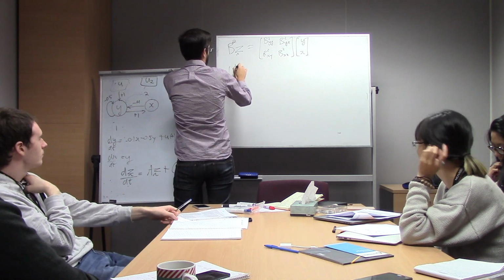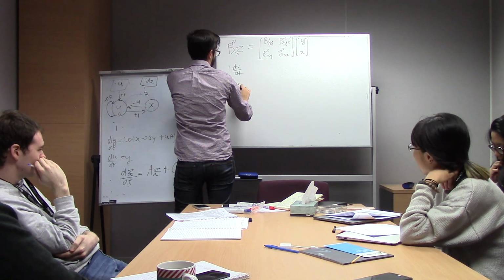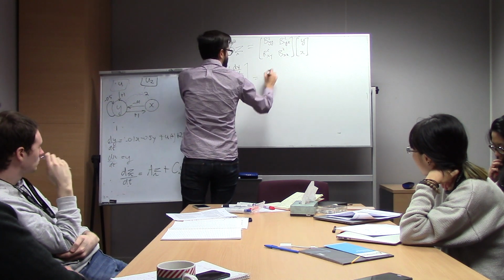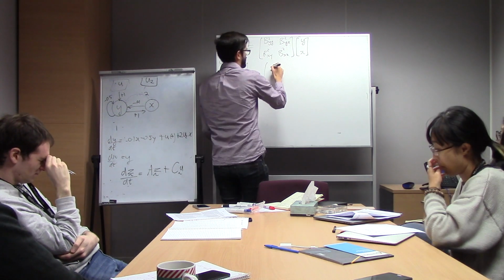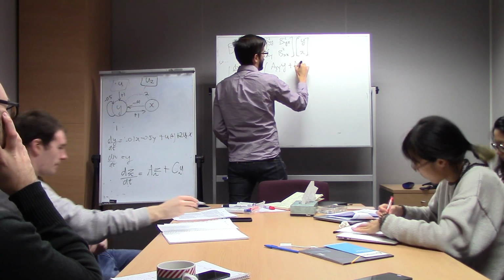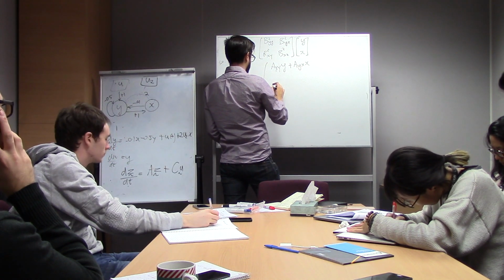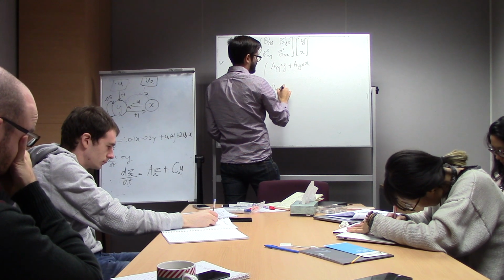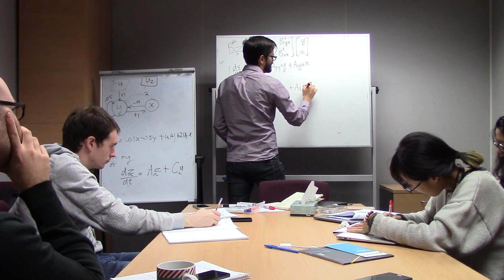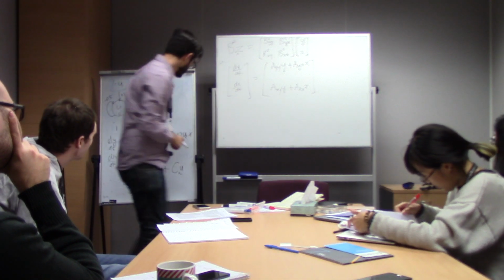First row, dy/dt, dx/dt equals a y y times y plus a y x times x. Second one, a x y times y plus a x x times x. That is what this term is equal to, A times z.